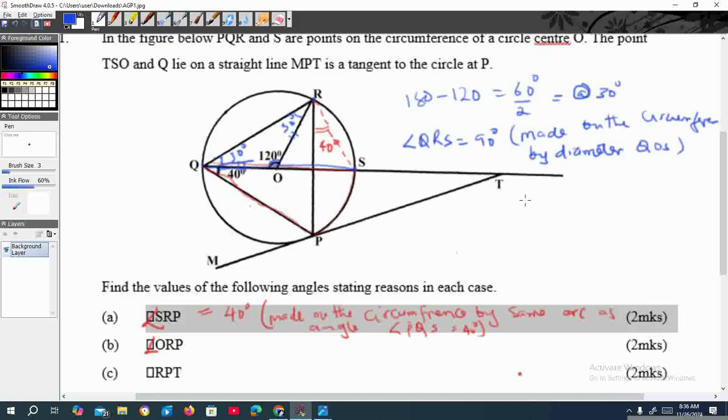Now this angle QRS is supposed to be made by these three angles. This angle SRP, this angle here, and this angle. So if I get 30, that would mean 30 degrees plus angle ORP plus 40 degrees has to give us 90 degrees.